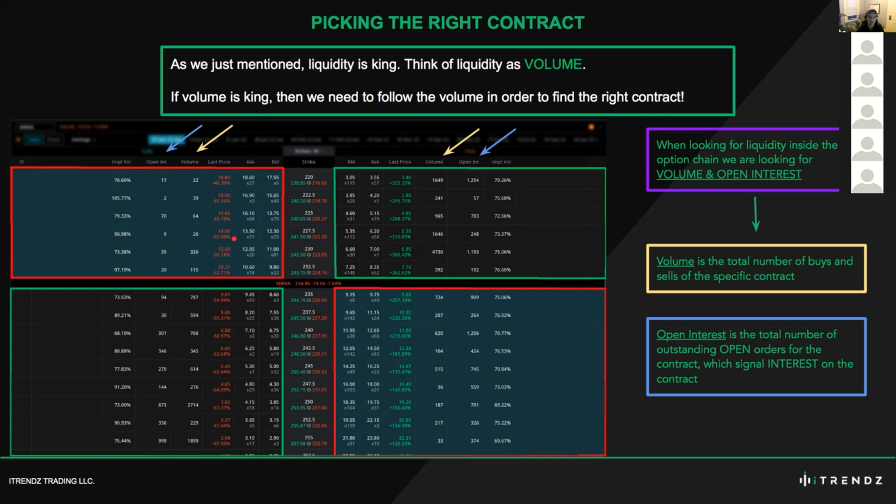The stock is at $234.45, so all of these strikes below $234.45 are in the money. On the put side, with the stock at $234.45, any strike price above that is in the money. This is out of the money. Then, as you can see, the green highlighted is out of the money.